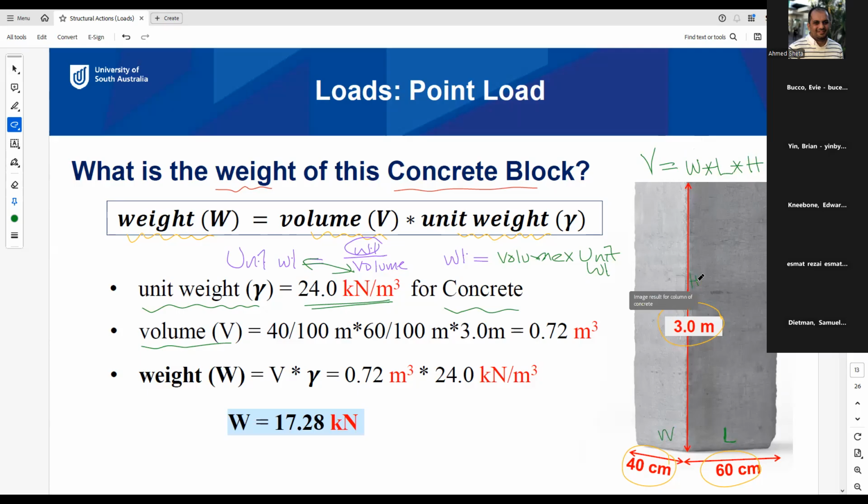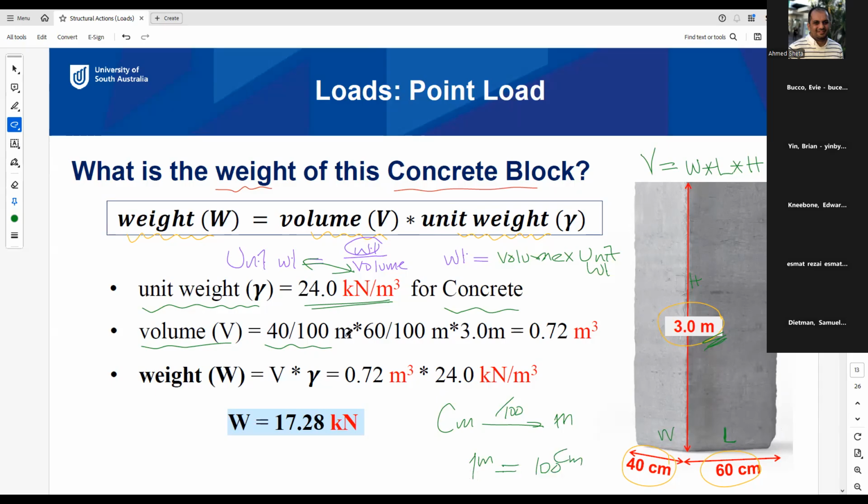So the volume is the product of width times length times height, which is 40 centimeter, but because this is meter, we need to convert all of them to meter. How to convert from centimeter to meter? To convert from centimeter to meter, we need to divide by 100, because 1 meter equals 100 centimeter.